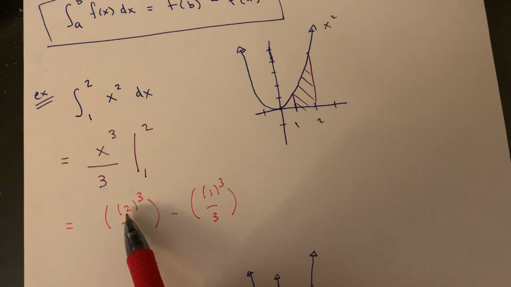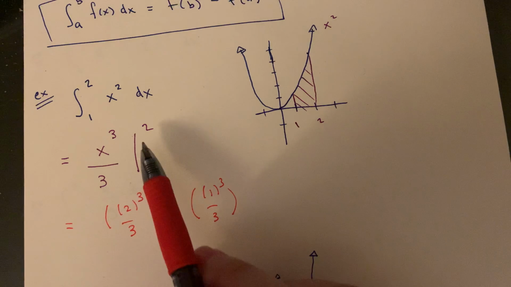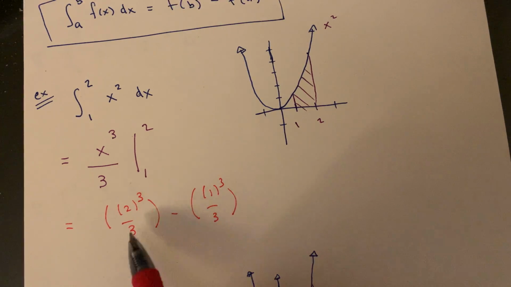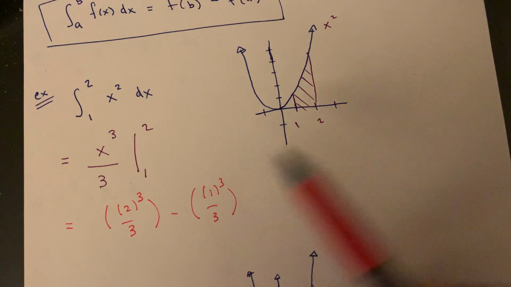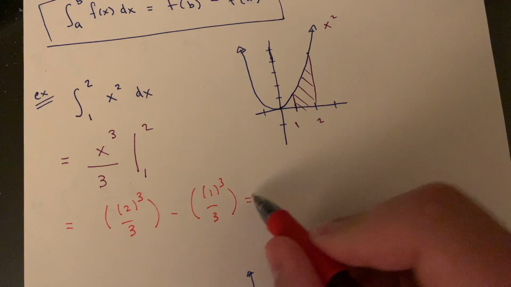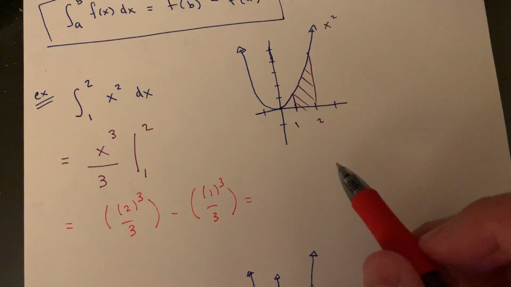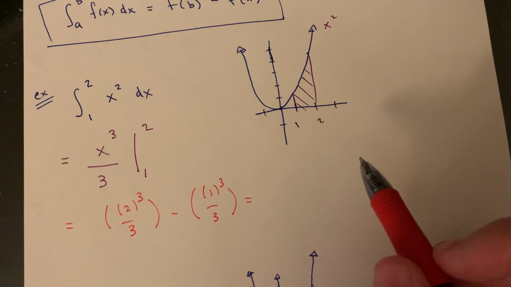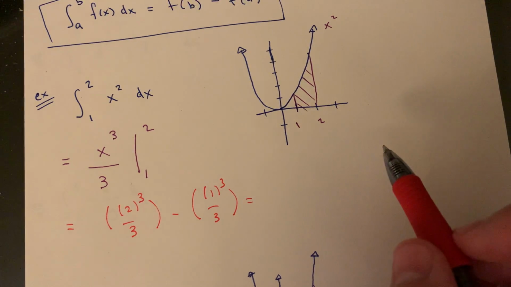So this is x cubed over 3 evaluated at 2, big F of 2 minus big F at 1. 2 goes in, 1 goes in. Same format. And again, I like having a lot of parentheses here so we keep track of everything. This is a subtraction, so when we do that, having those parentheses helps to keep everything organized.